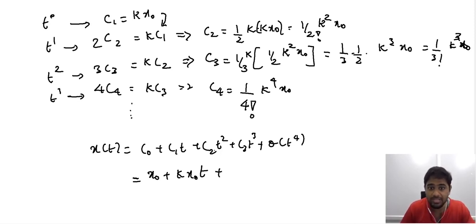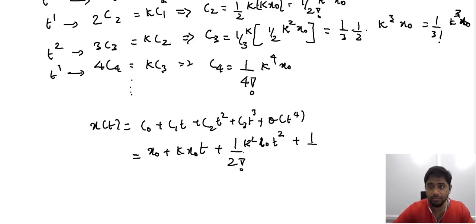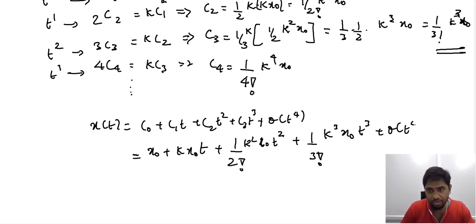The coefficient C2 is 1 by 2 factorial K square x naught, multiplied by t square, and so on. The third coefficient which we have derived is 1 by 3 factorial K cube x naught, and this pertains to t cube, and then terms of order t to the power 4.